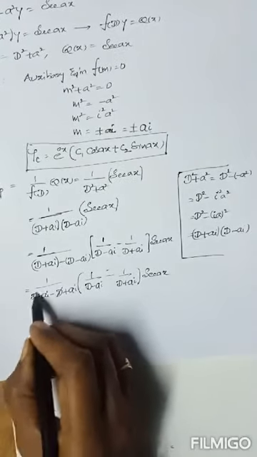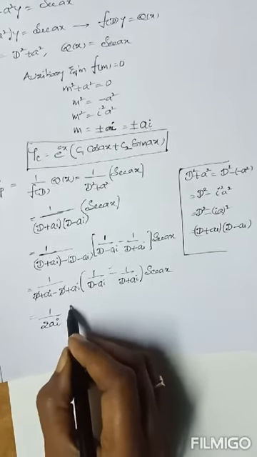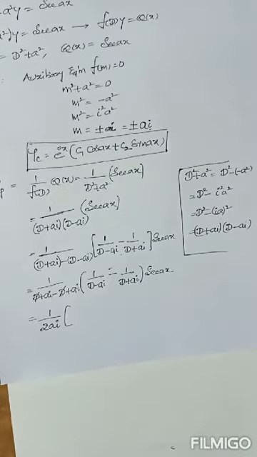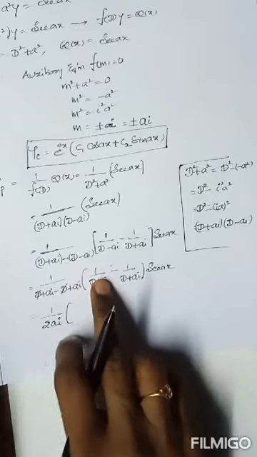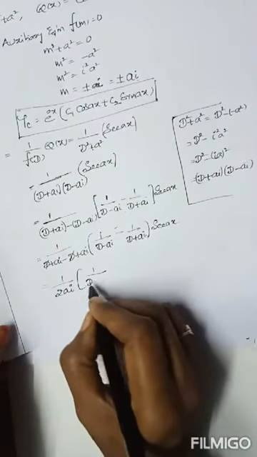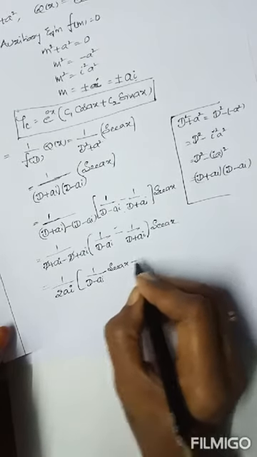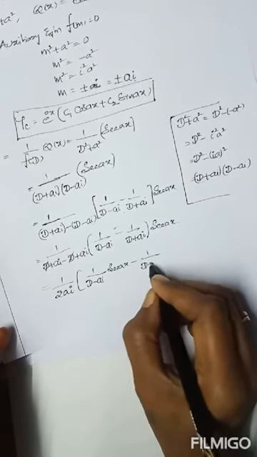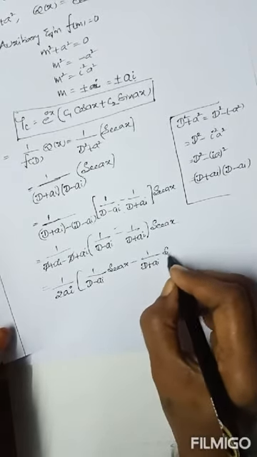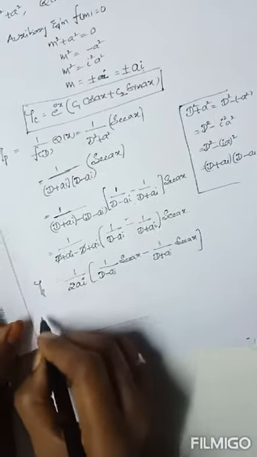Here these two get cancelled. 1 by 2ai, enter secant ax into the bracket, minus d plus ai secant ax. This is the value of yp.